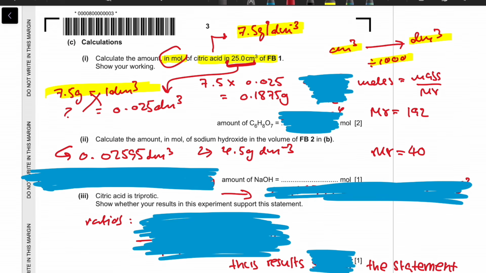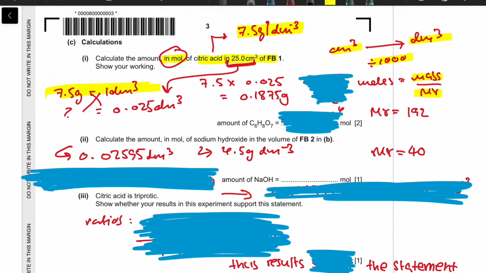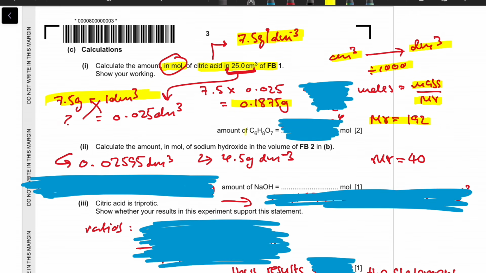So there's going to be 0.1875 grams of citric acid. Now it's asked for the number of moles. The number of moles is equal to the mass divided by the molar mass. So we have the mass, 0.1875 grams. The molar mass, if we add the individual atomic masses that make up citric acid, which has the following formula, we add them all up. So 6 times 12 plus 8 plus 7 times 16, we'll get 192.